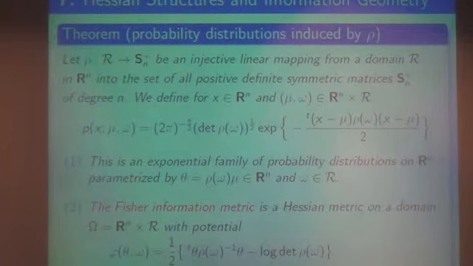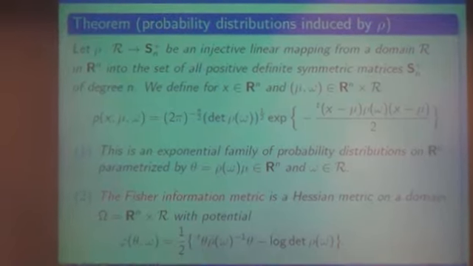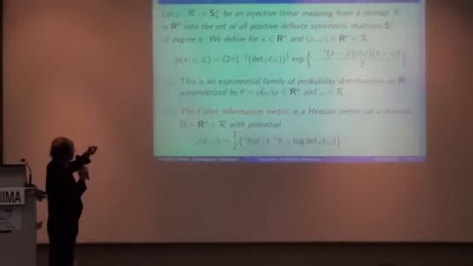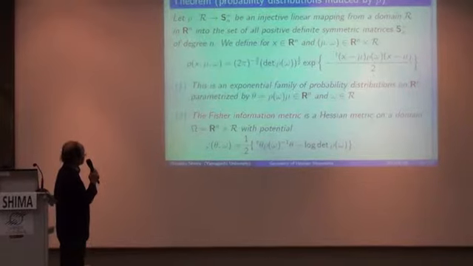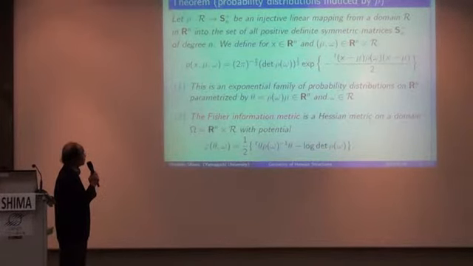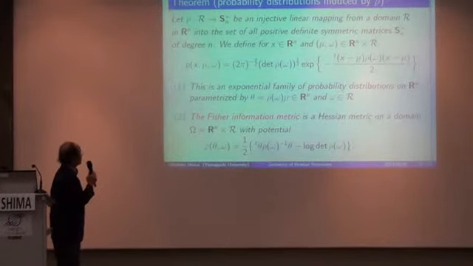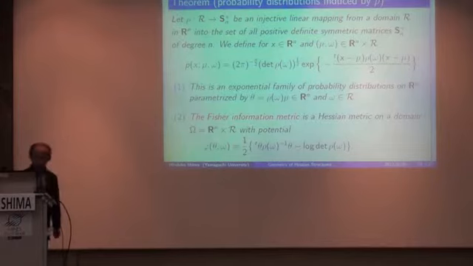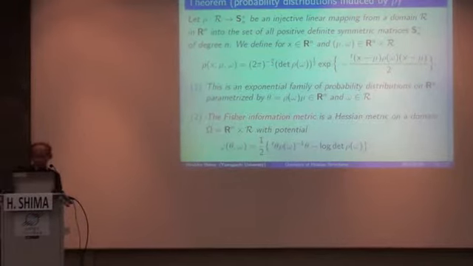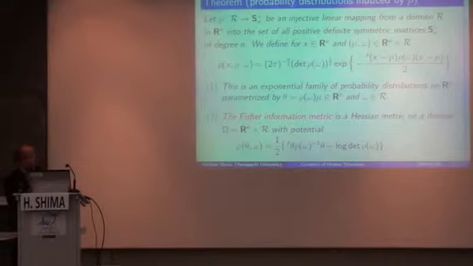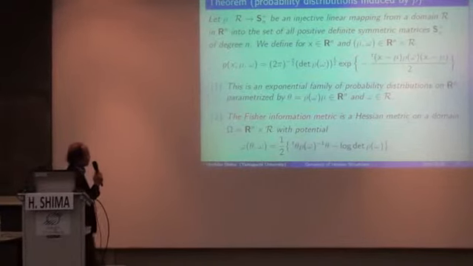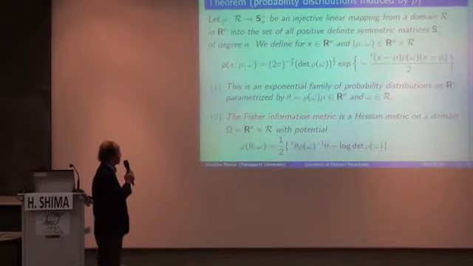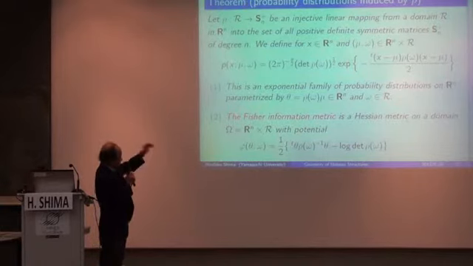For x in R^n, μ in R^n, and ω in Ω, we define a function p(x; μ, ω). Then this is an exponential family of probability distributions on R^n, parameterized by (θ, ω).